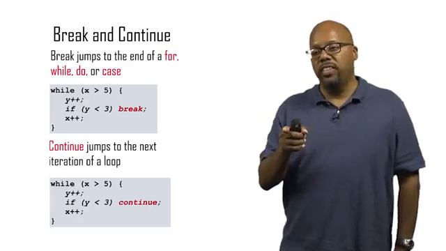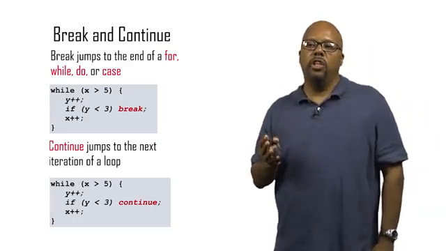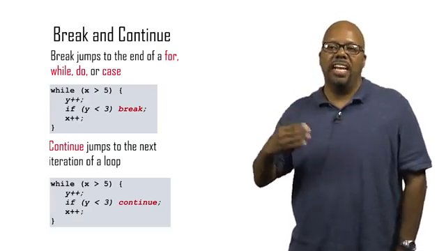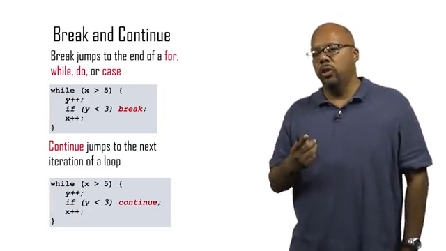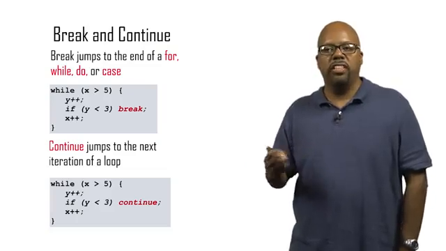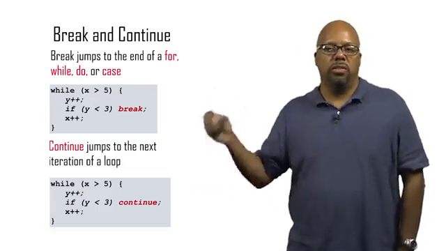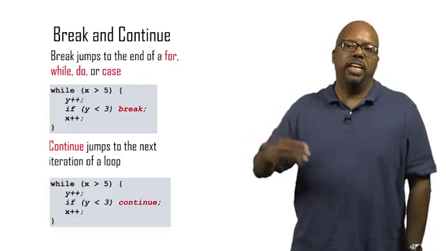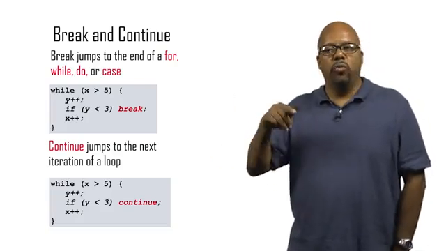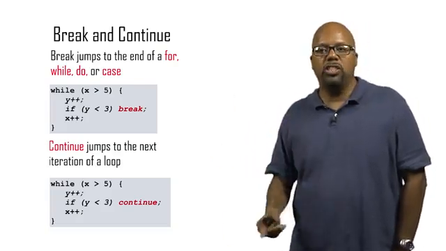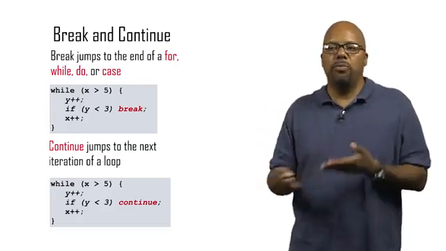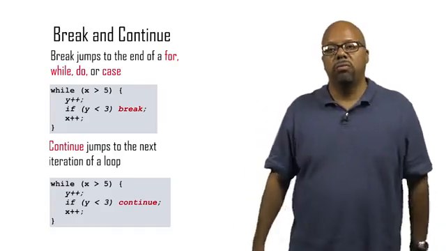So what that effectively does in this case is everything in the loop after that continue is not executed on that pass. So in this loop, you see there's an x++ after the continue, right? On the pass where you execute continue, that x++ is skipped, right? And the loop goes back to the beginning. So it stays inside the loop, but just goes to the next iteration of the loop and skips whatever the remainder of the loop is.